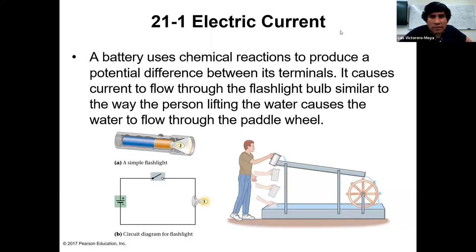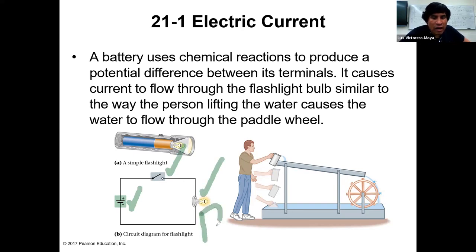Here, you are seeing how we can define a circuit. You have the battery here, you have the switch, how we label it, and you have here the light bulb, which might be your resistance.